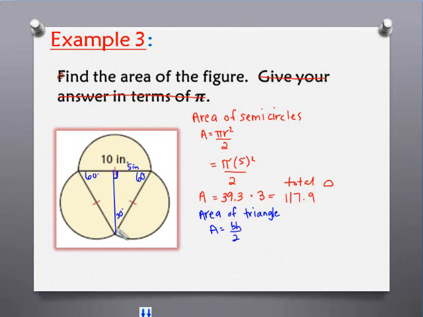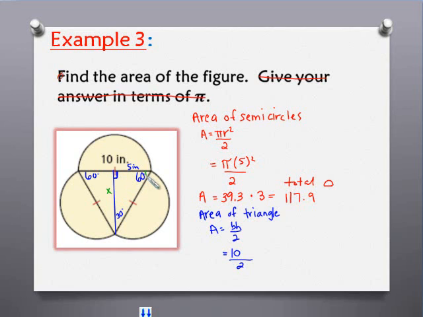I need to know what the height is so that I can plug it into this equation, because all I know is that the base is 10. You can use the properties of your 30, 60, 90 triangle if you remember that. But if you don't remember it, we can use trigonometry, and I'll do that. Here we're trying to look for this side right here.